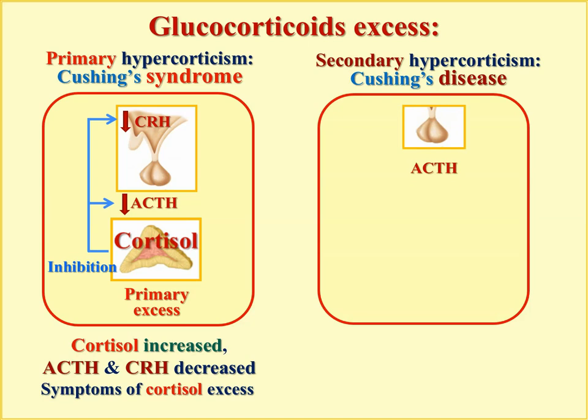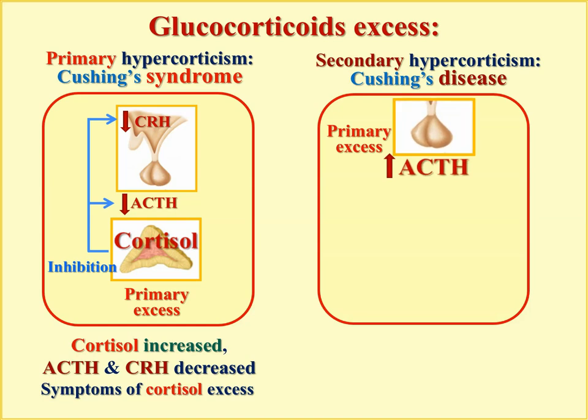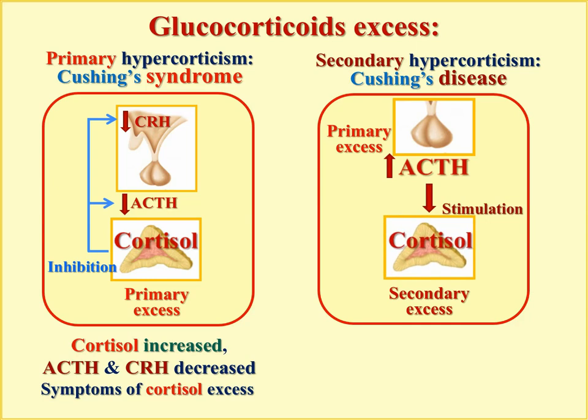And here there is a tumor of the anterior pituitary, the so-called basophilic adenoma. Adenoma consisting of basophilic cells that produce ACTH. So this excessive ACTH constantly stimulates the fasciculate zone of the adrenal cortex, and the fasciculate zone becomes hypertrophied and produces excess of hormone, secondary excess.